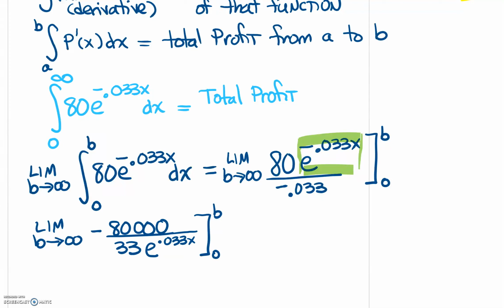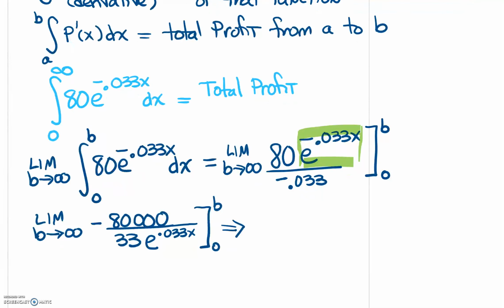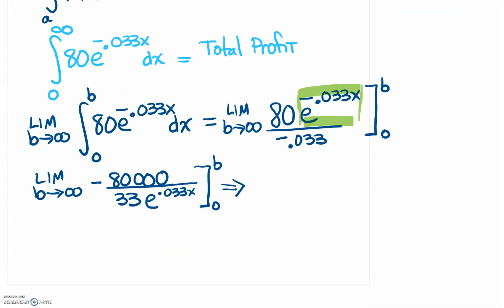Okay, so then we're going to evaluate by plugging in the upper limit b, subtracting, and then plugging in the lower limit 0. All the time I still have this limit in front. I'm waiting until the end to take care of that.